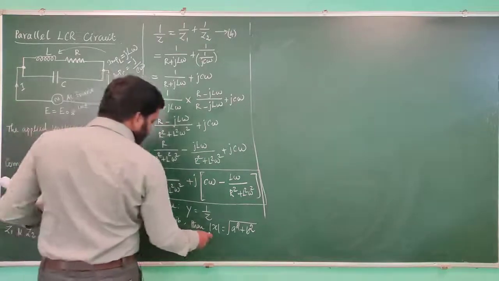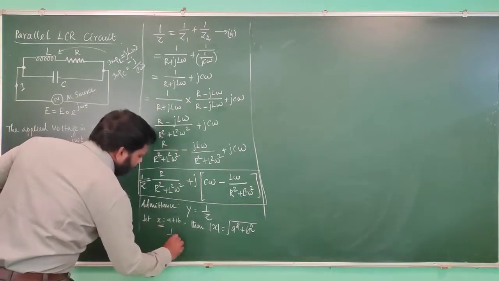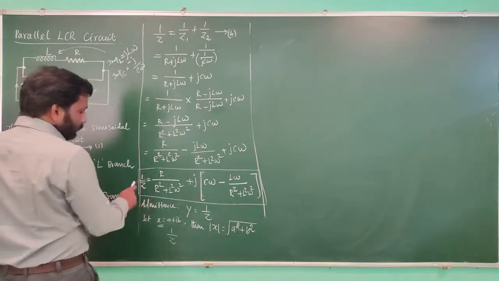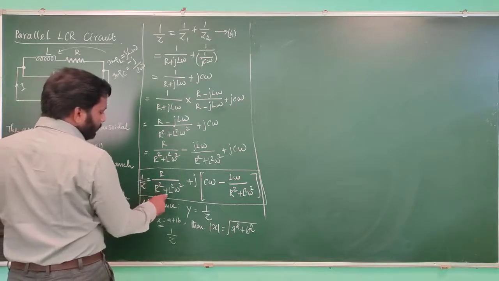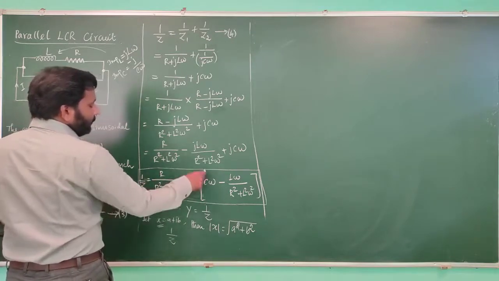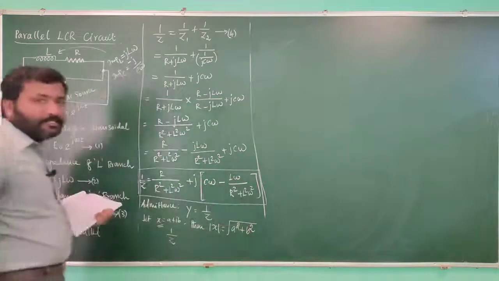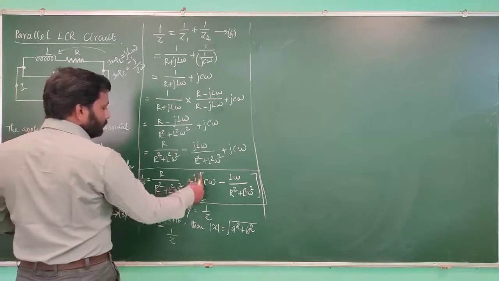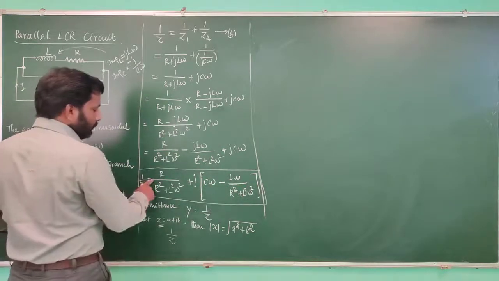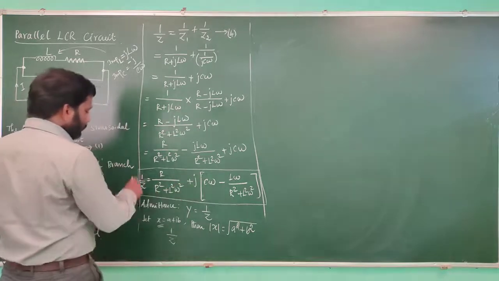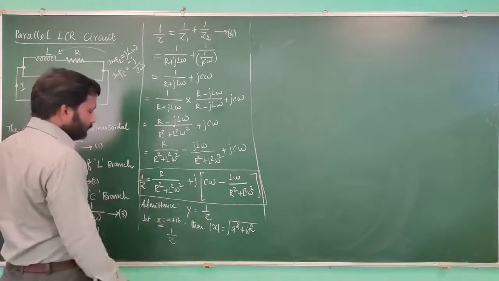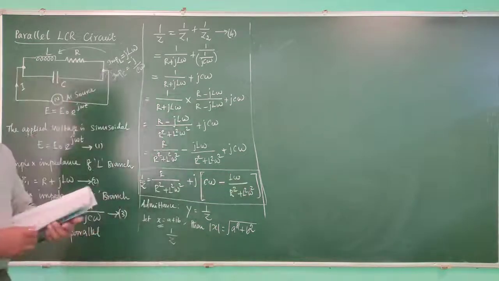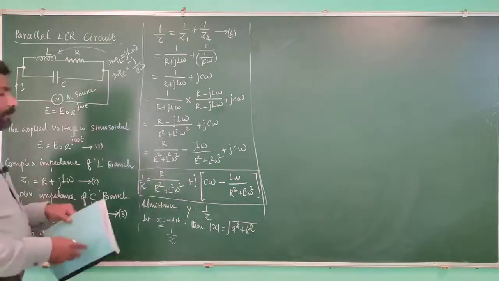Here, in the place of x, we have the expression for 1 by Z. What is 1 by Z? 1 by Z is equal to R by R square plus L square omega square plus j multiplied by (C omega minus L omega by R square plus L square omega square). Here, this term is a, this term is b. A plus jb. So if you take the mod of 1 by Z, this term square and this term square will be taken, and its square root should be taken.